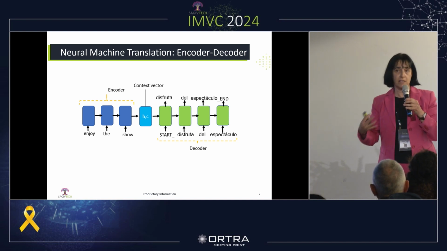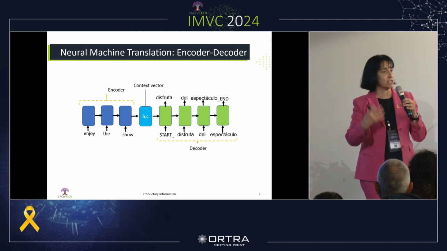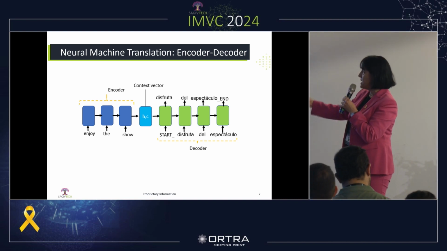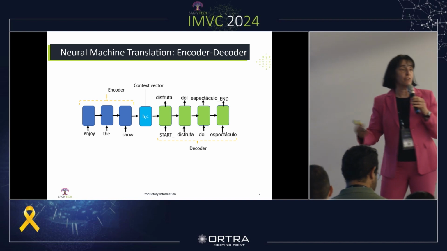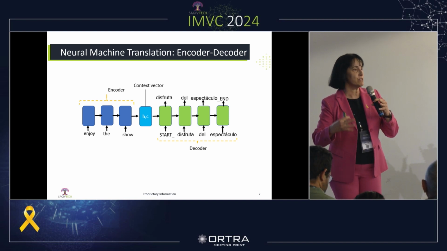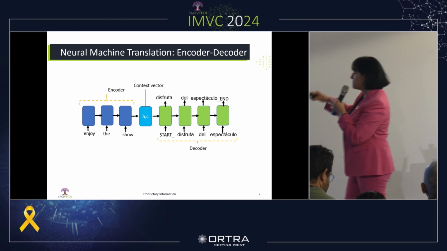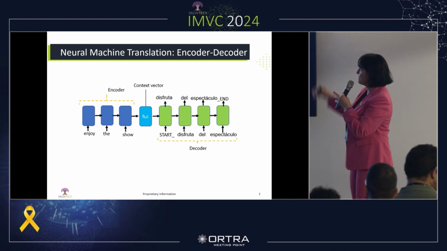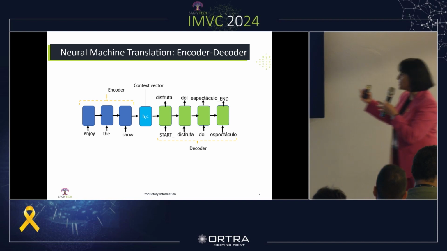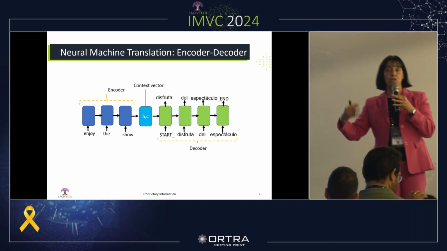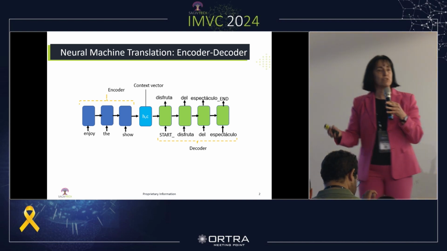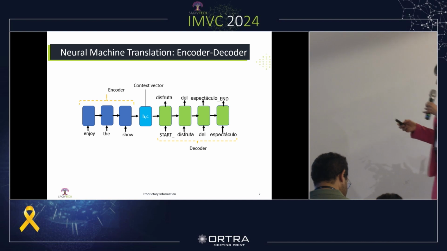The encoder is actually a features extractor, which takes word by word and produces some kind of context vector. So we are squeezing all the information into a context vector, a common ground, which is then used by the decoder to decode the information into whatever we like. One of the use cases would be to translate it into another language.